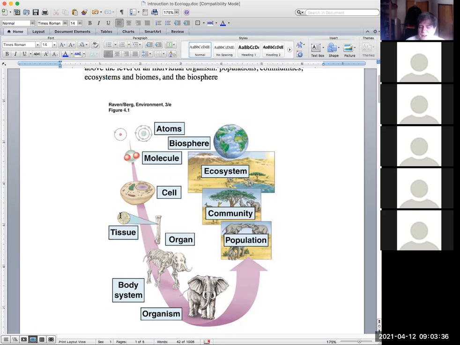And at least in a few organisms, some of the fungi, plants, and animals, tissues can combine to make up organs. So they're looking at an elephant as an example, and actually every bone in your body is a separate organ. So is every muscle in your body. Every skeletal muscle, I should qualify that.